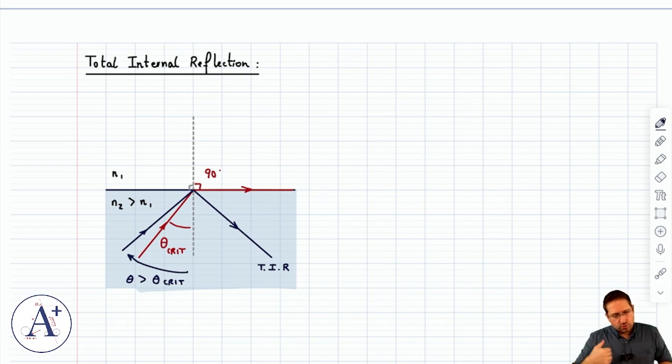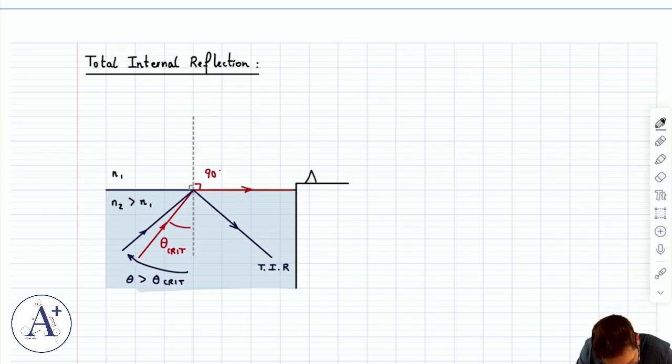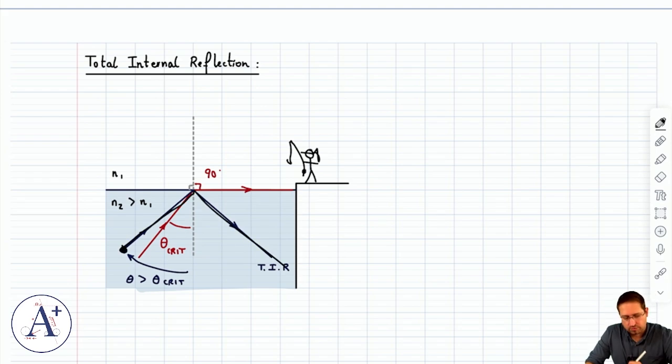Which means that if you're swimming in a lake, like we said before, there is nowhere you can swim to where the sunlight doesn't enter the water. However, conversely, if you are underwater, there's somewhere you can swim to so that someone cannot see you anymore. If you imagine that there's a shoreline here, and you're standing here, maybe you're fishing, then there's somewhere the fish can swim to so that the light it emits never reaches you.